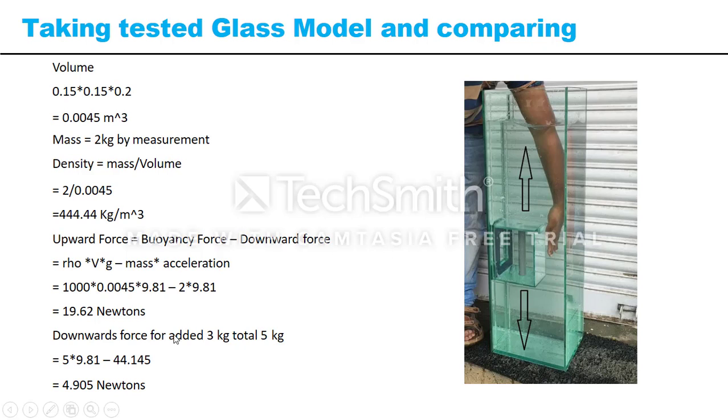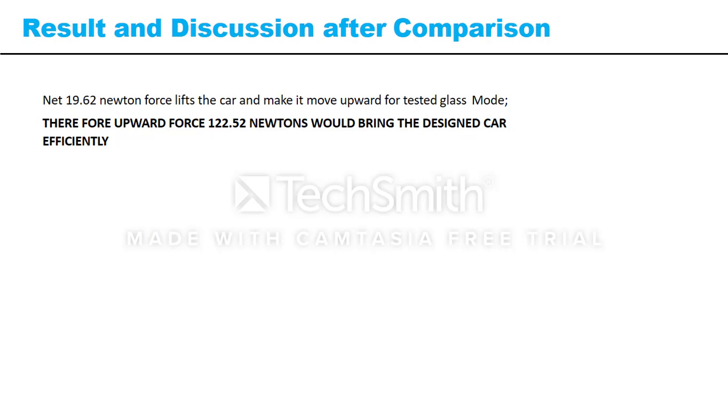We calculated the downward and upward force so that we can see the operation. We have got a downward force of 4.905 newtons and an upward force of 19.62 newtons. So it is very much feasible that this design can operate fluently in the fluid medium.